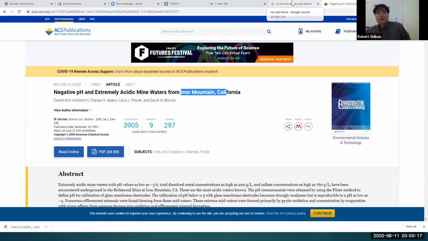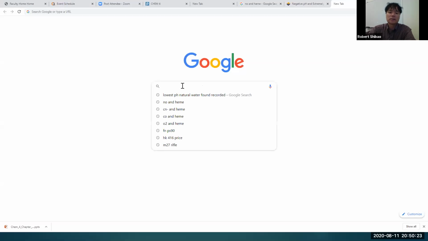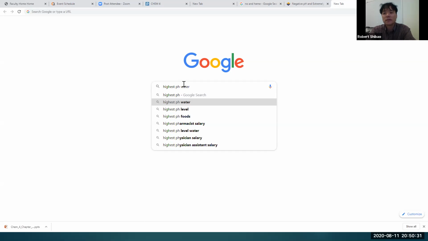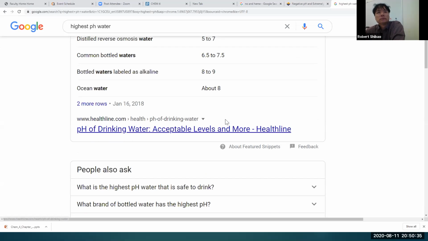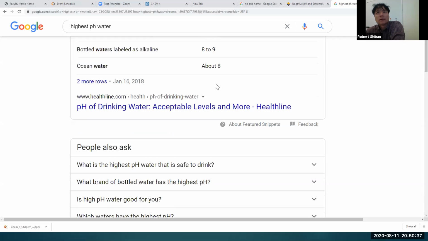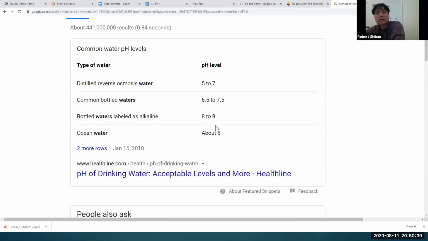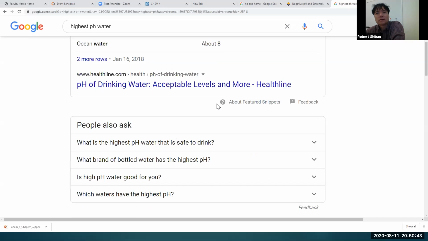And then the pHs can go above 14. Let's look on the other end. What's the highest pH? Highest pH water. A lot of people like to drink water that's a little higher than 7.